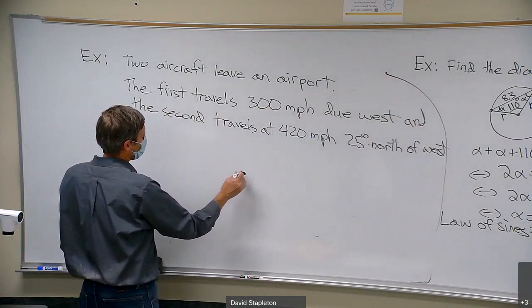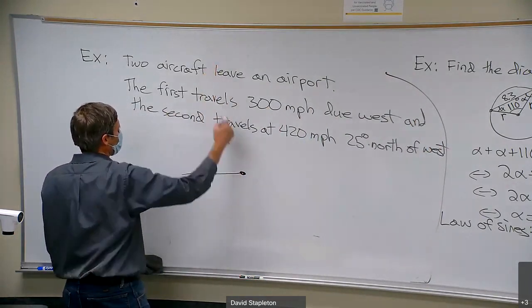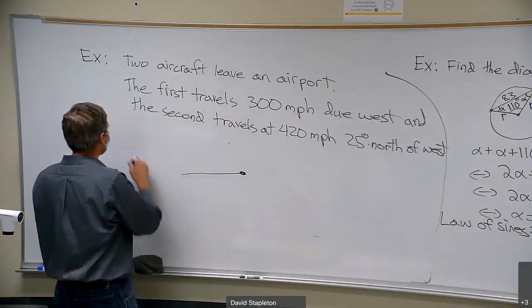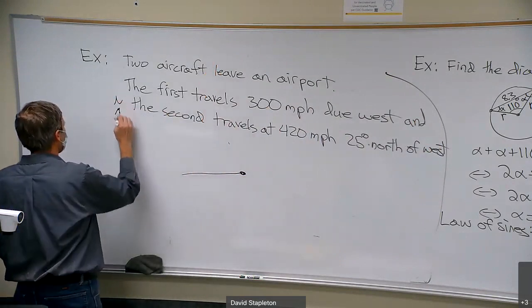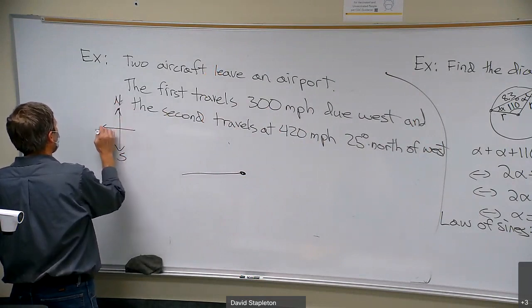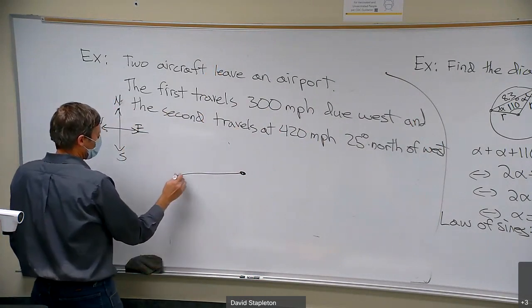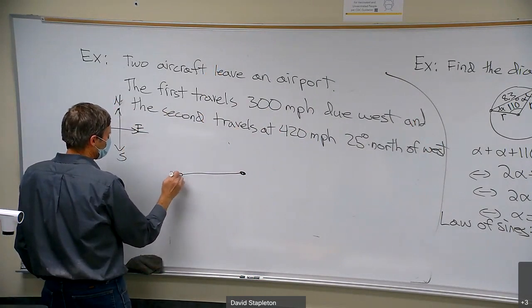Here's the airport. One aircraft travels due west. If I make north up, and west and east and south just like standard map configuration, right? North, south, east. Here's that aircraft.